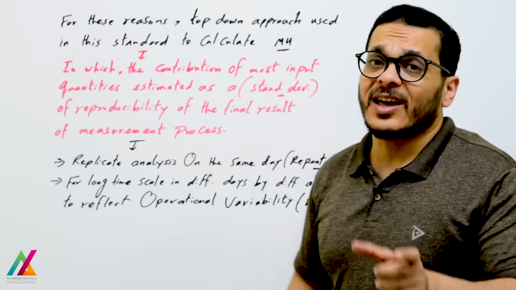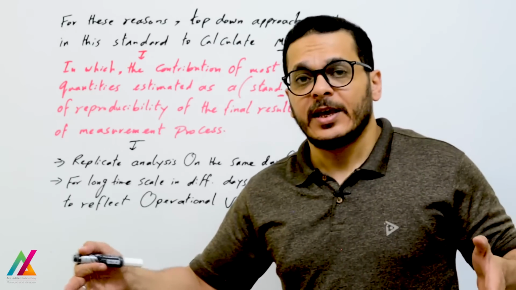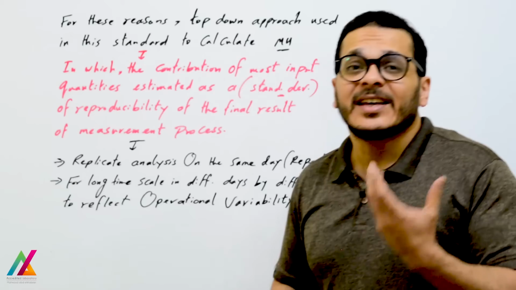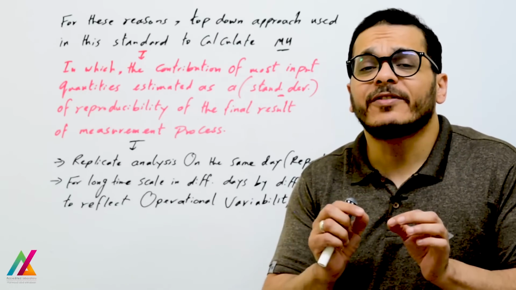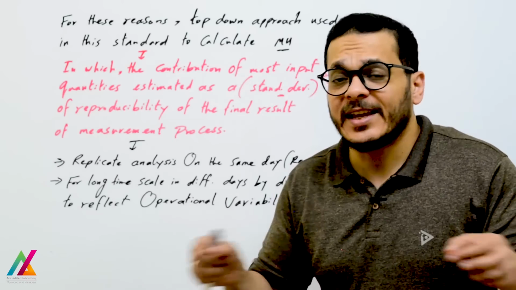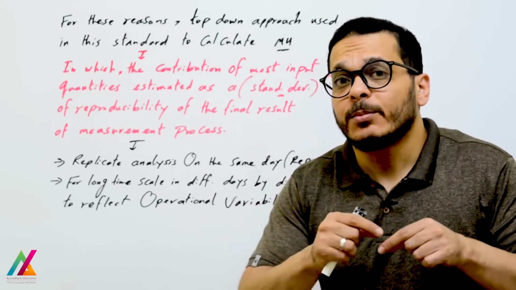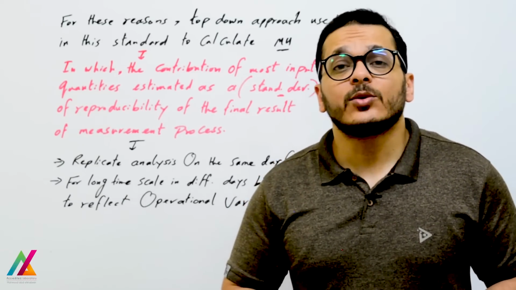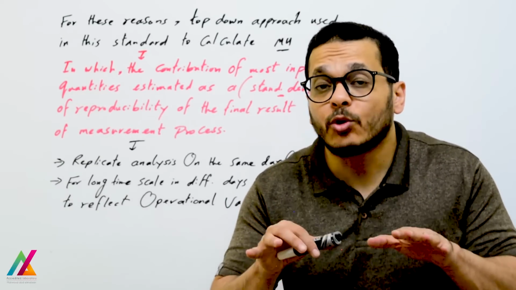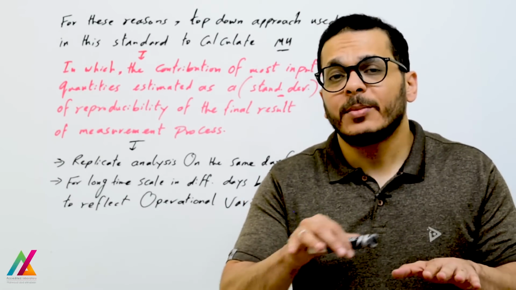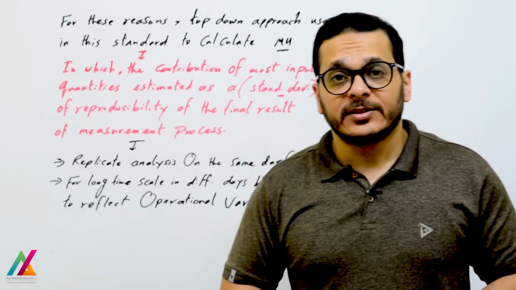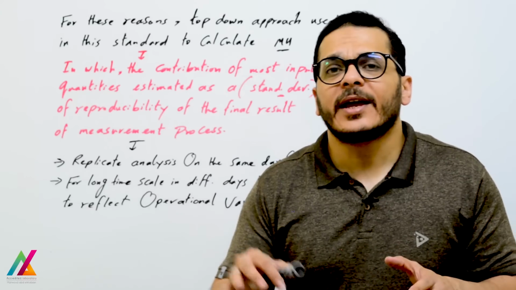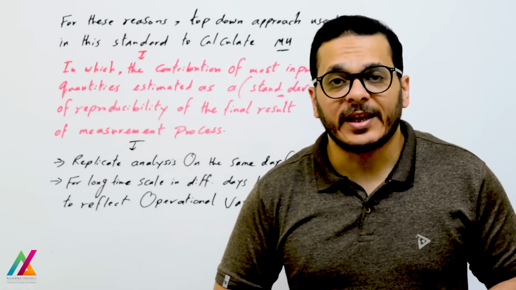But for a long time scale, in different days by different analysts using the same method, that means reproducibility, and that reflects the operational variability, any variation in the results over a long time scale. All sources of uncertainty will be included when you make replicate analyses on different days or over a long time scale. And this is the same as type A evaluation in chemical analysis.